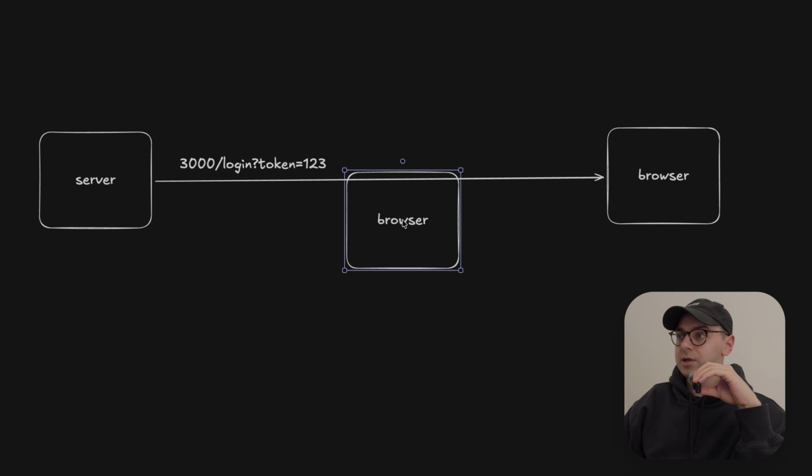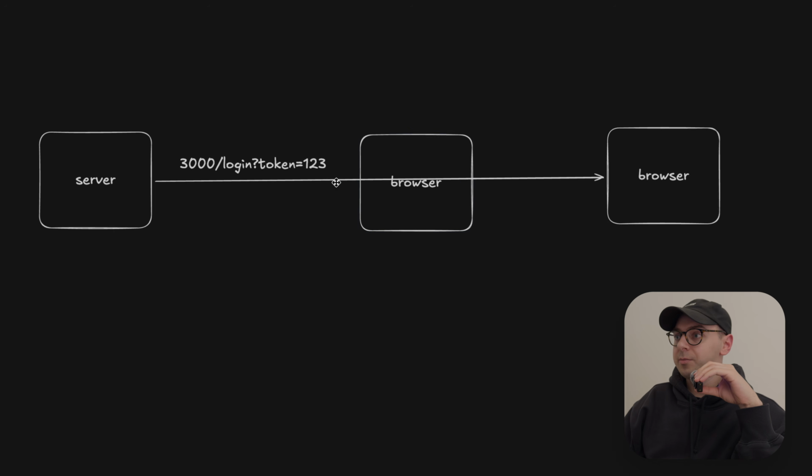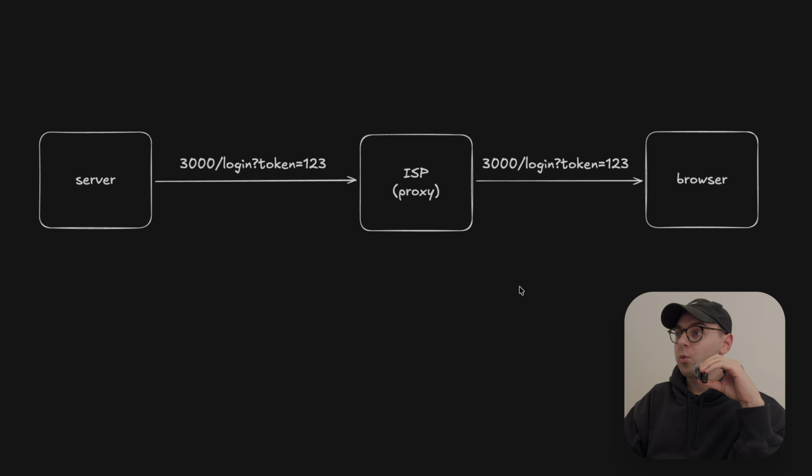So we need to put another character in our diagram. And now the request from the server first goes through the chain of the proxies, and only then it gets to our browser. And you can wonder why this is a problem when we transfer the token from server to browser. The thing is that all the proxies can log, or definitely log, all the requests that you're doing.